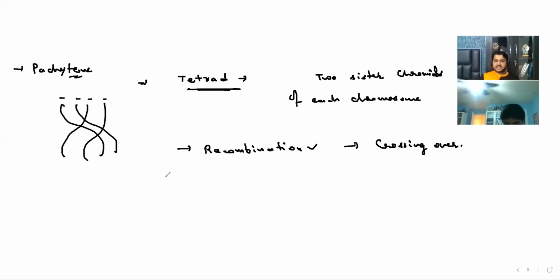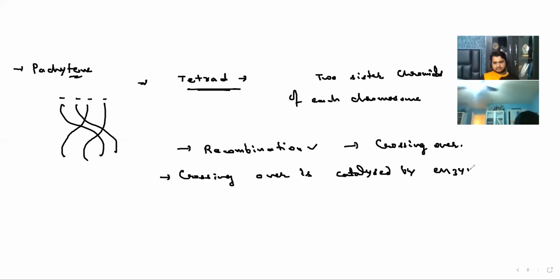There is an enzyme involved in this process, when the two chromosomes are coming closer and exchanging their material. This enzyme is called recombinase. So remember, crossing over is catalyzed by the enzyme recombinase.